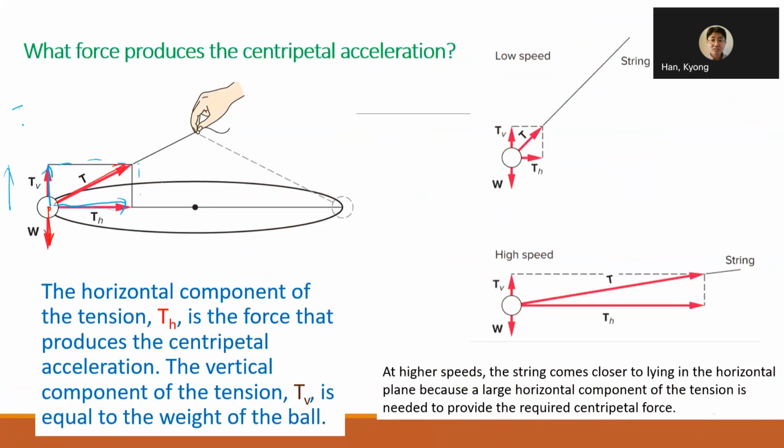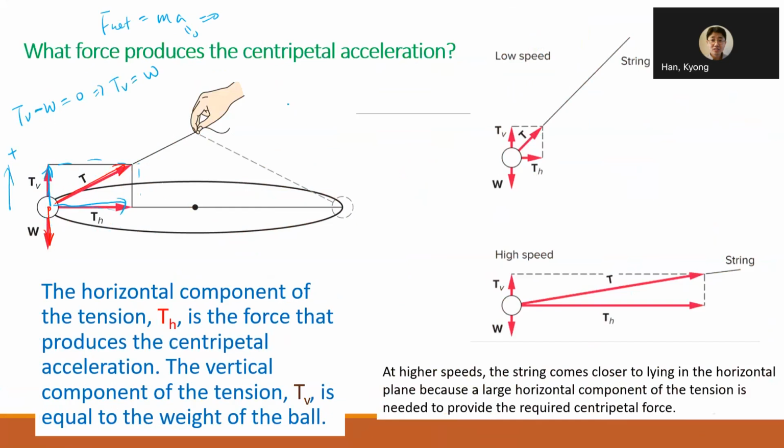That means T_V minus W equals 0, right? Then F net equals m a, but a equals 0, no acceleration vertically. We take the upward direction as positive, and W is against the positive direction, so it has a negative sign: T_V minus W equals 0. Then the vertical component T_V must be the same as the gravitational force.